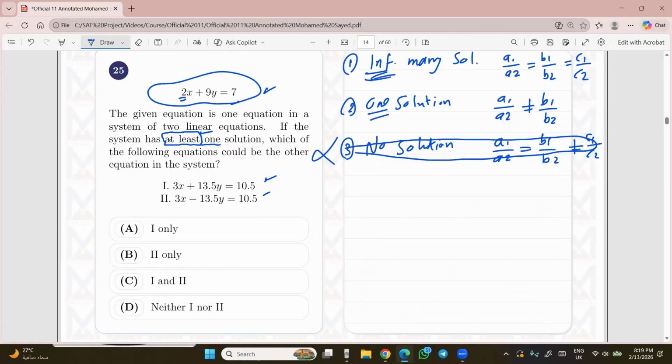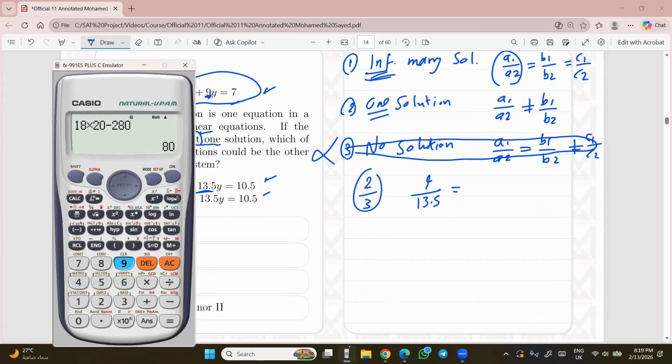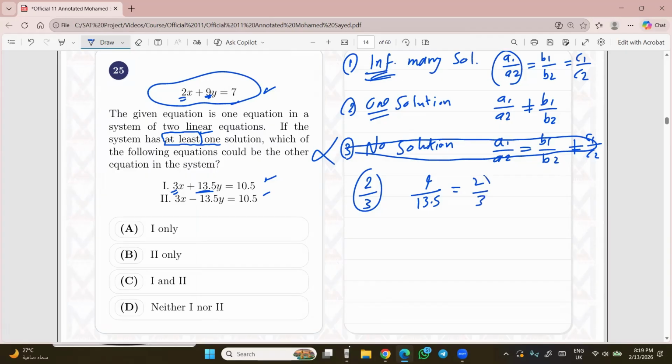Use it with the first one as a system. I mean, 2 is A1, 3 is A2. So the first part is 2 over 3, A1 over A2. 9 is B1, 13.5 is B2. 9 over 13.5, use your calculator, is the same number, 2 over 3, which makes A1 over A2 equal to B1 over B2.